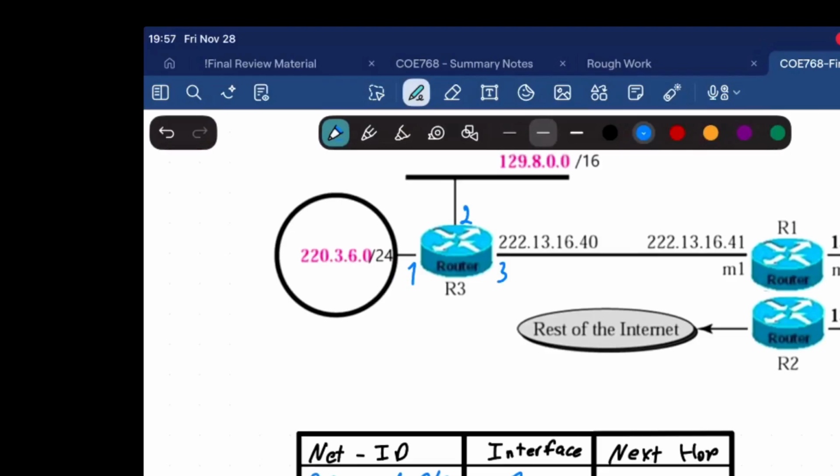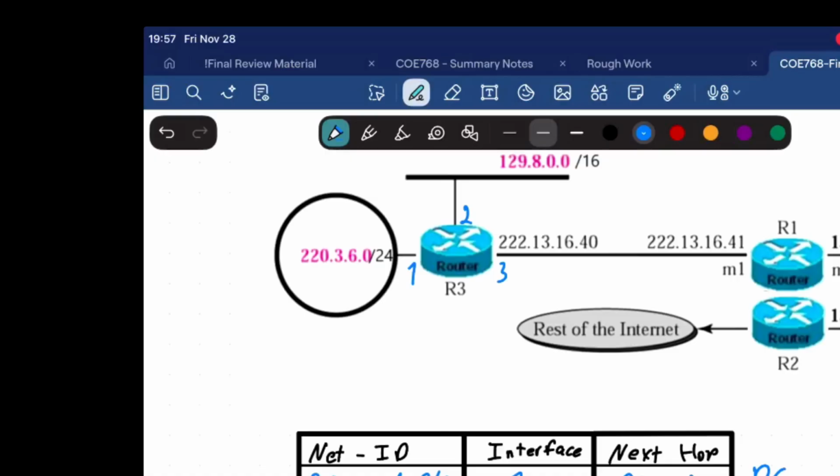So now R3, the router, knows that if anything needs to get sent to this address or this series of addresses, then it sends it on interface 1. And here it's asking for next hop. That's the table that was drawn. What next hop means is how does it get there, right? So it gets there directly. In the solution it said DC, so direct connection. You can also just write direct. Either one is a valid answer, so they're directly connected.